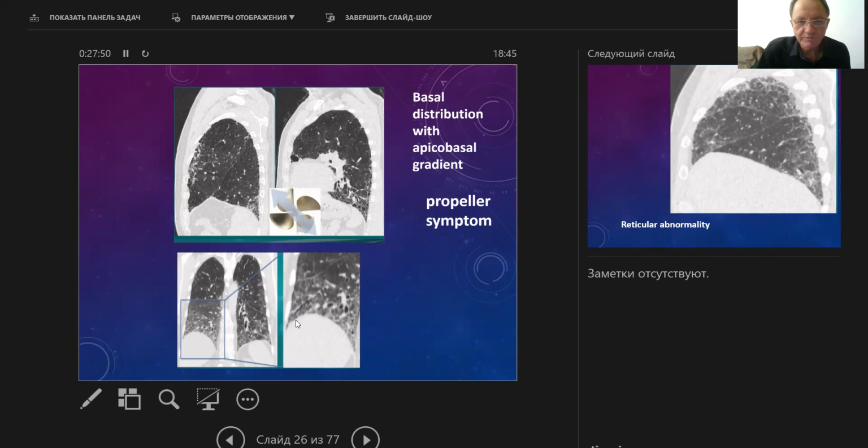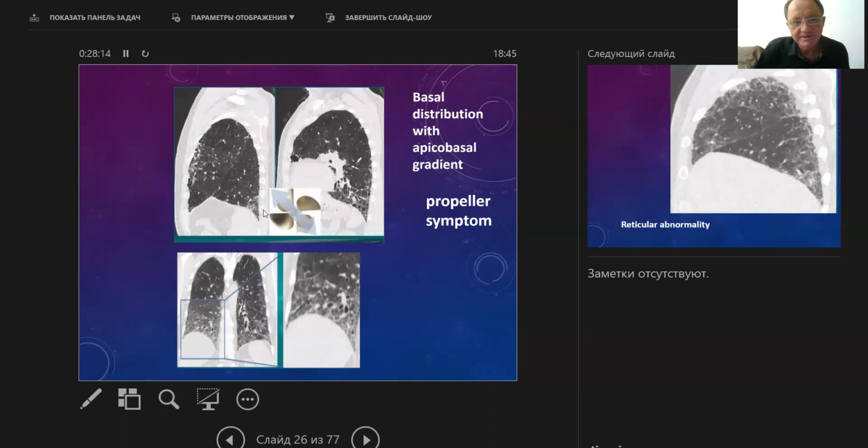It's traction bronchiectasis, and you can see the so-called apicobasal gradient. So in the apex, changes are practically absent, and there is significantly increased prevalence of reticular abnormalities in the basal part of the lung.